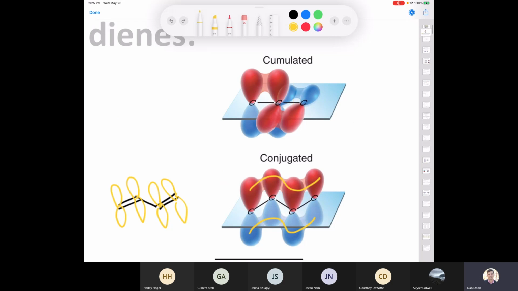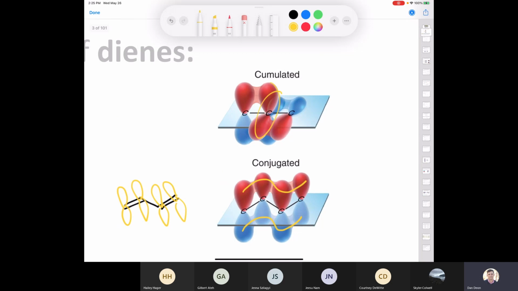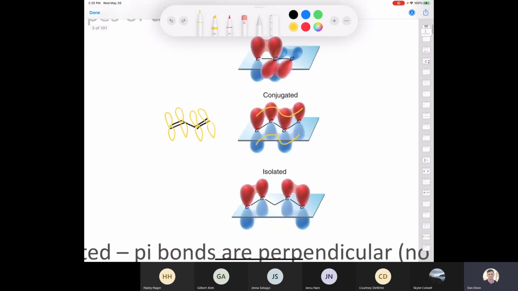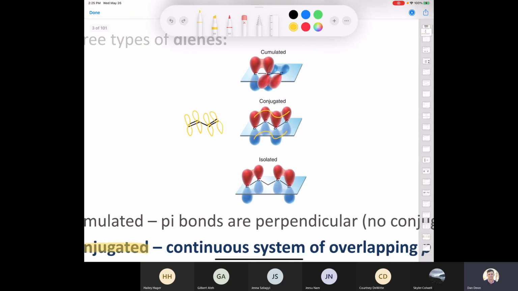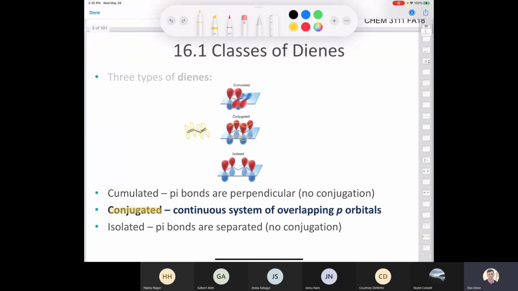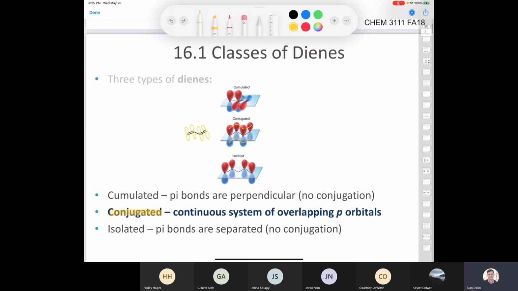And so there is no orbital overlap here, and the electrons are not all delocalized. And in the isolated, well, it's just like it says. The double bonds are totally isolated.